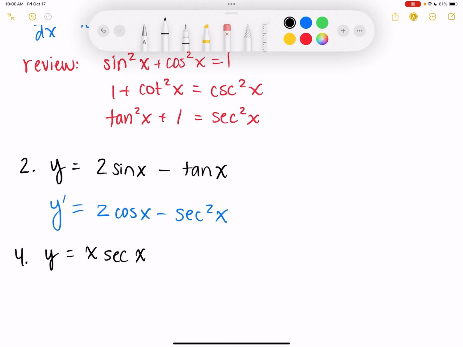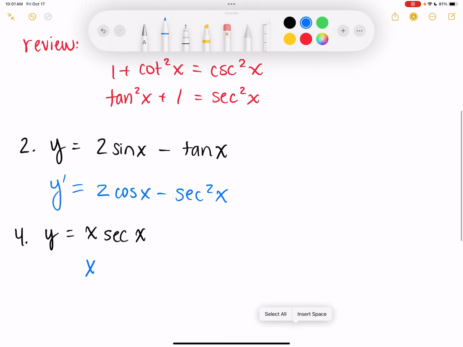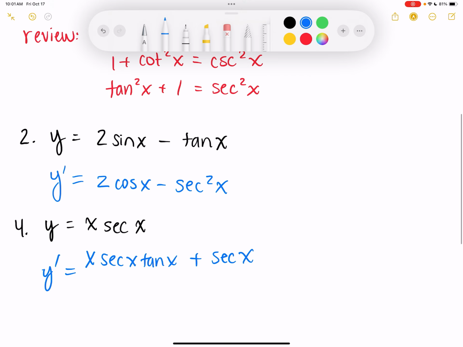So this is going to be x times the derivative of secant of x, which is secant of x tangent of x, plus the derivative of x, which is just 1, times secant of x. I'm okay if you leave it here. If you take it one step farther and factor out the secant of x and have secant x times x tangent of x plus 1, that's also fine. The book leaves it here also, but either way would be fine.